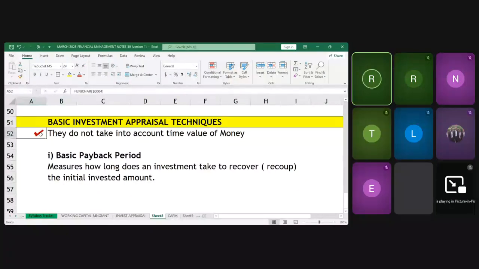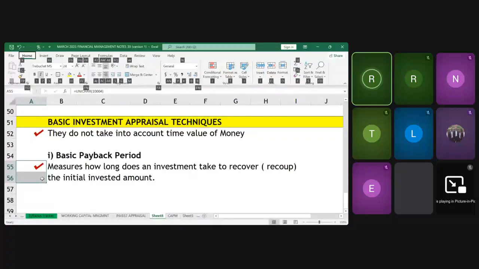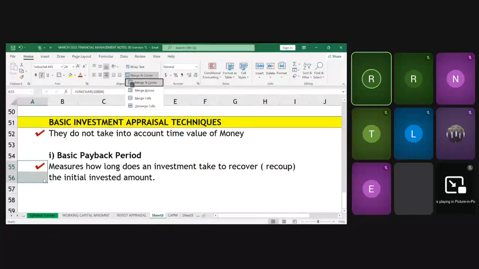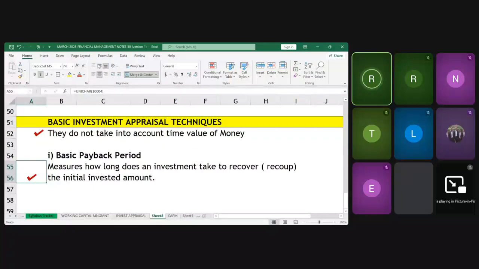So if we are to assess viability of a project using payback periods, we are going to look at how long it takes for us to get back our money from the invested project. That is point number one.